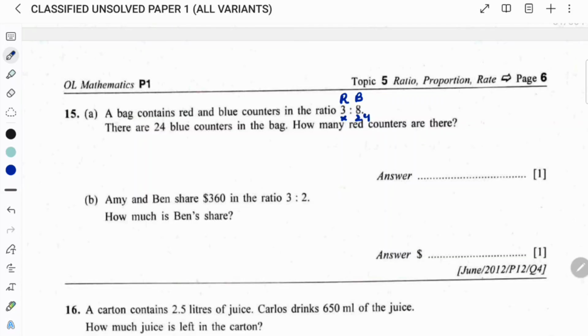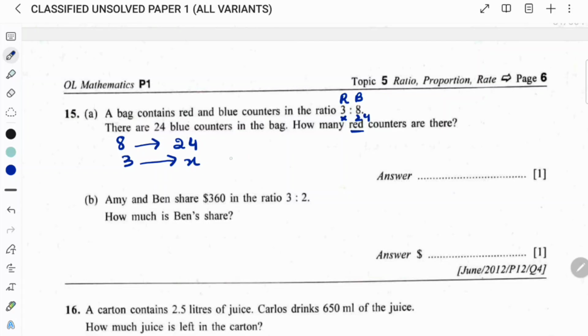That will be easier for you whenever you write down the ratios for working. So 8 is the ratio, and the number of counters is 24. And 3 is the ratio, and the number of counters is x. So red counters have ratio 3. They didn't ask for the total.